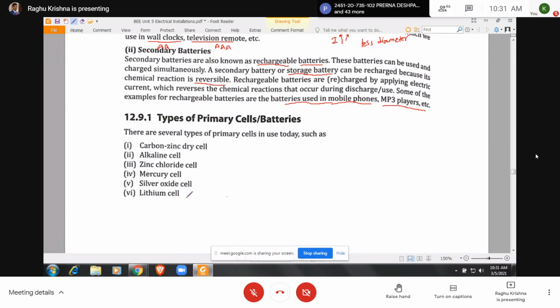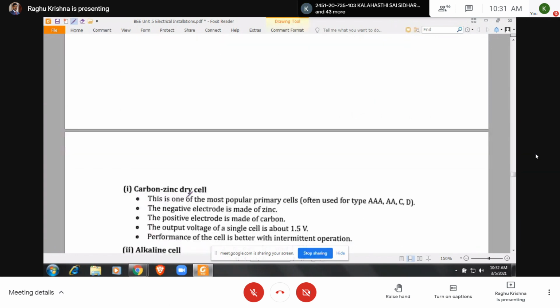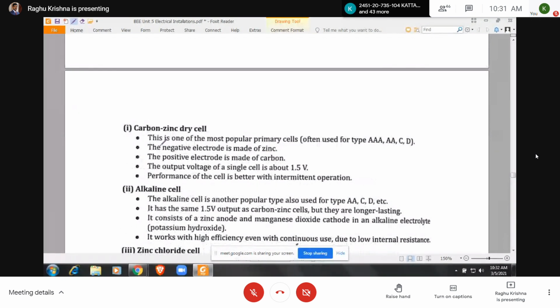In batteries we use in mobiles, we are using lithium ion cells. So coming to these different types, here the carbon zinc dry cell.